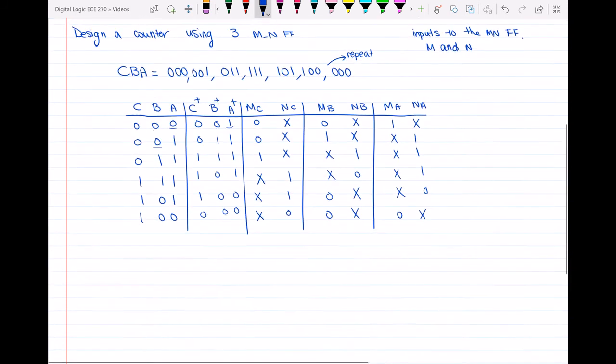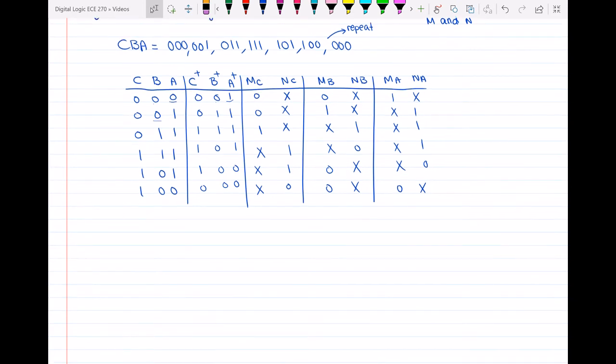Okay, so now I have all the possibilities for M and N for each of the flip-flops. So I can draw the Karnaugh map for each of these flip-flops and then find the equation for M, N, and also the next state of the flip-flop. Okay, so let's draw. Each of my flip-flops has 3 different Karnaugh maps. So I need 9 Karnaugh maps total.